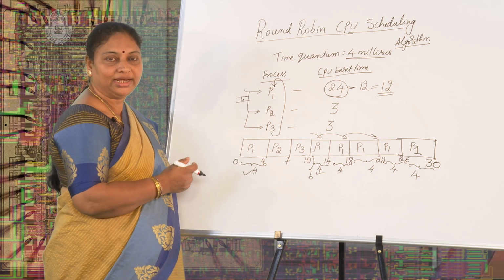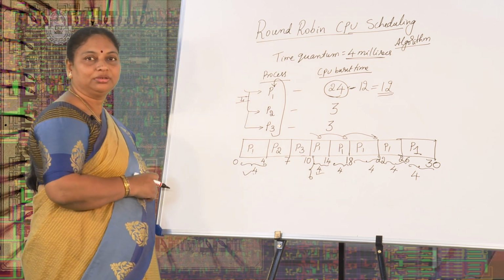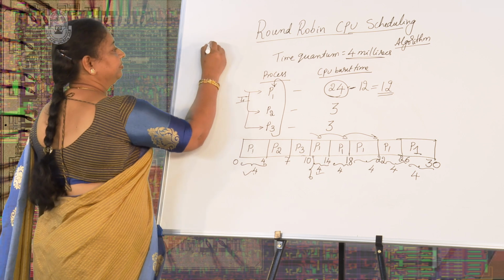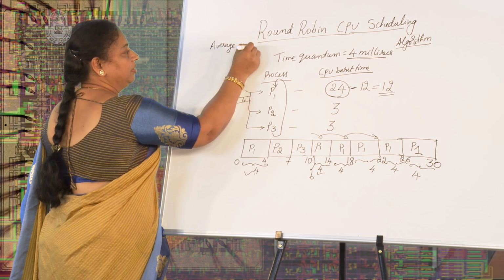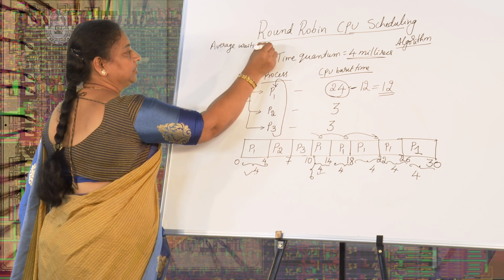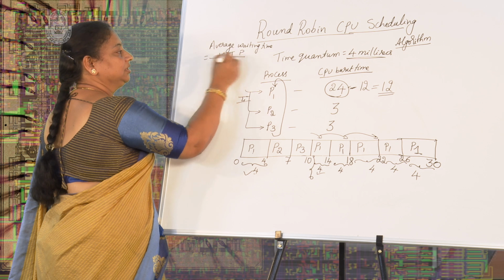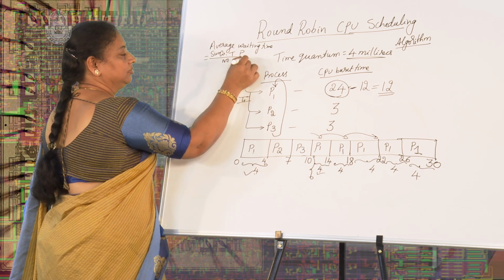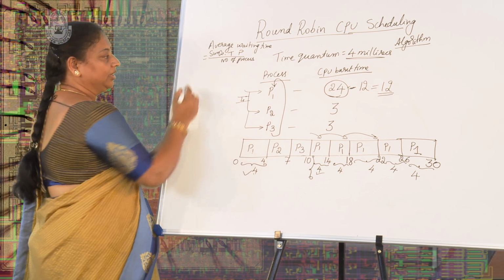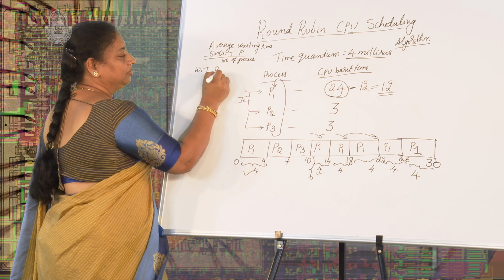Now let us calculate the average waiting time for this round robin algorithm. Average waiting time is the sum of the waiting times of all the processes over the number of processes. So here the waiting time, first we will take P1.